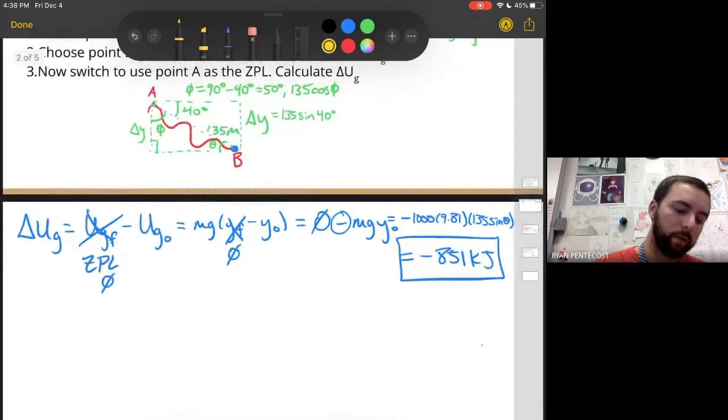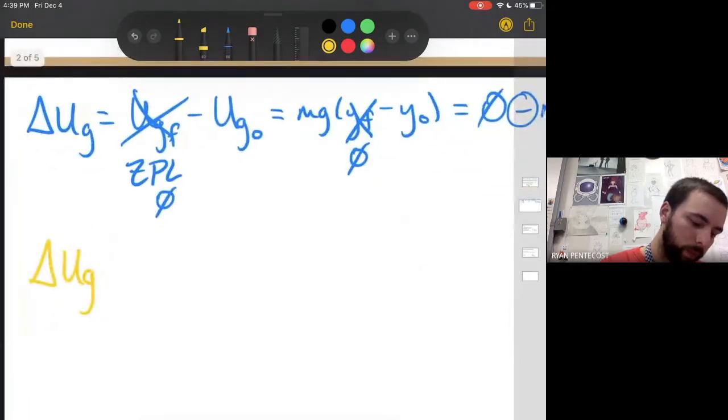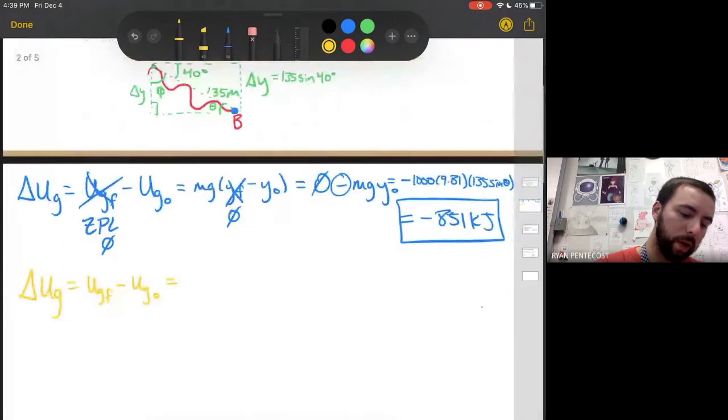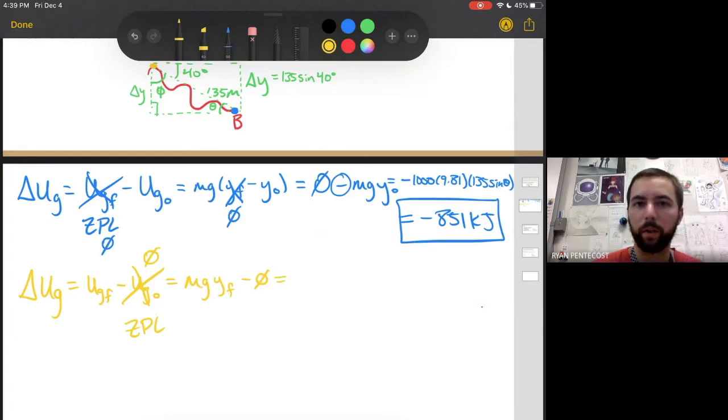That's if we use B as our ZPL. Now we'll switch to use A as our ZPL. So delta UG equals UGF minus UG naught. But now if point A is our ZPL, that means our potential energy to start out is 0. So then we have mg y final minus 0 equals our potential energy.